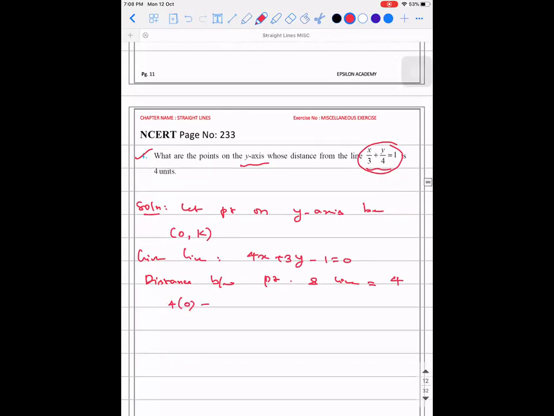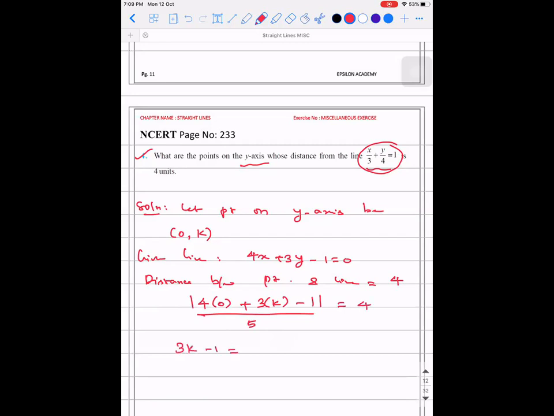So 4 into 0 plus 3 into k minus 1, the whole divided by 5 with the modulus, will be equal to 4.